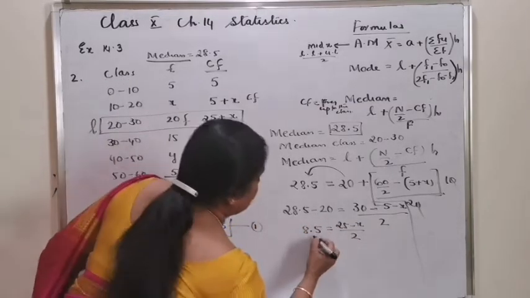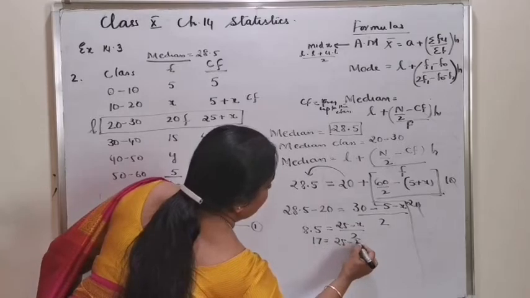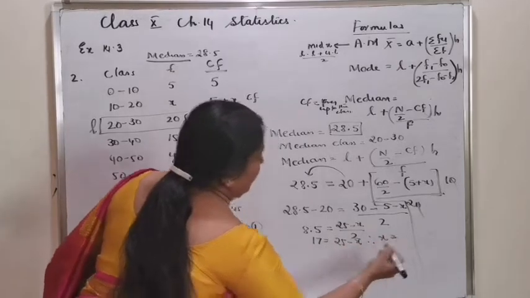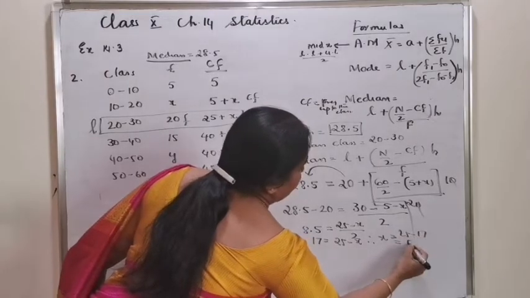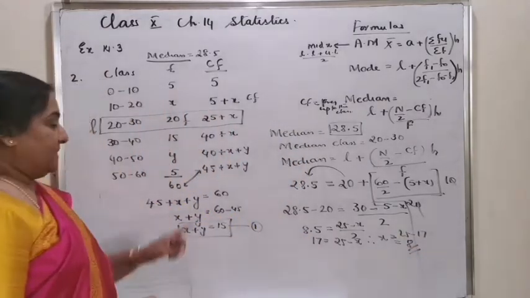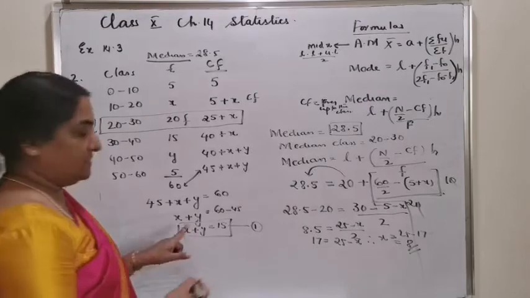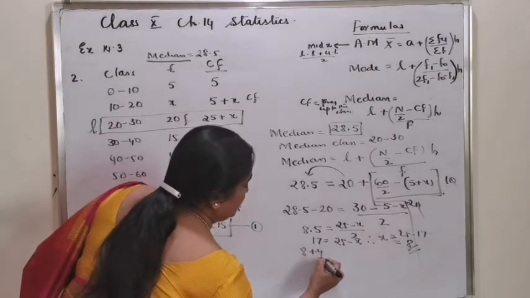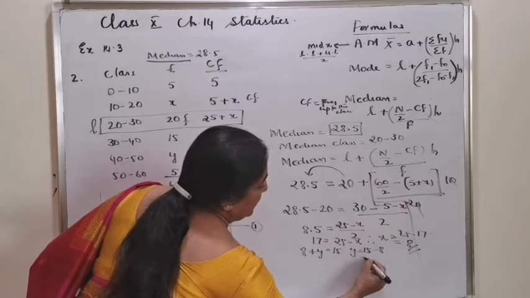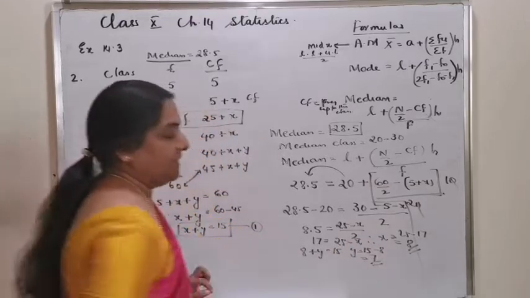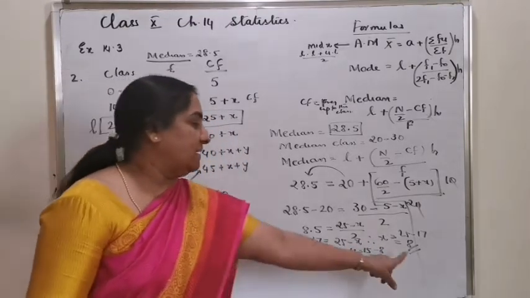By cross multiplication, 17 is equal to 25 minus x, therefore x is equal to 25 minus 17, which is equal to 8. Substituting in the first equation, 8 plus y is equal to 15, or y is equal to 15 minus 8, which is 7. So the missing frequencies are 8 and 7.